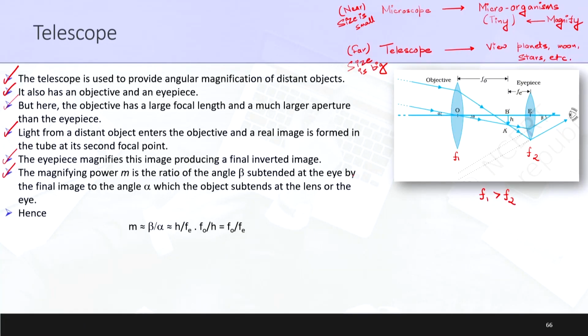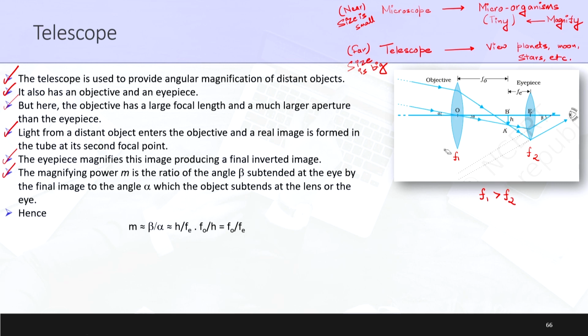Beta is the angle subtended at the eye at the eyepiece pole position, and alpha is the angle which the object subtends at the lens, as you can see.